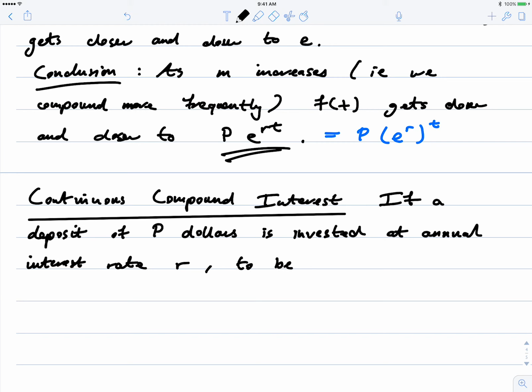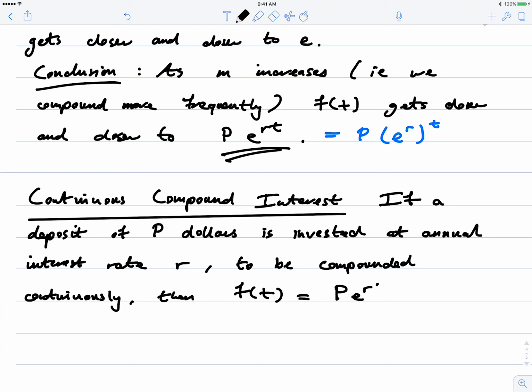So this is what continuous compounding means. Then the amount in the account, by definition, is this function above. This is what the bank uses to determine how much money is being put into the account. So again, this f of t is the balance in the account.